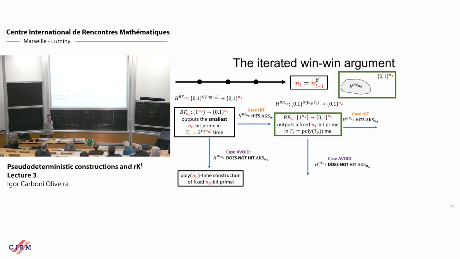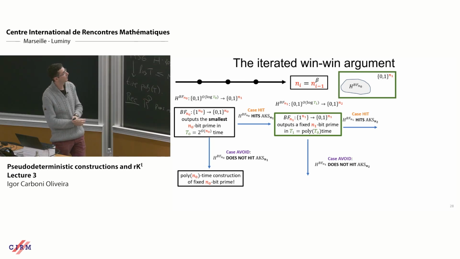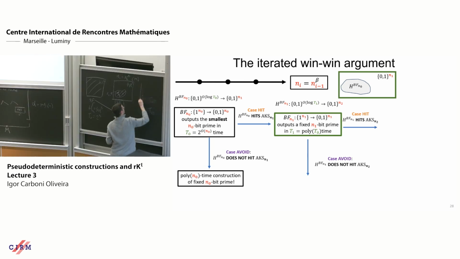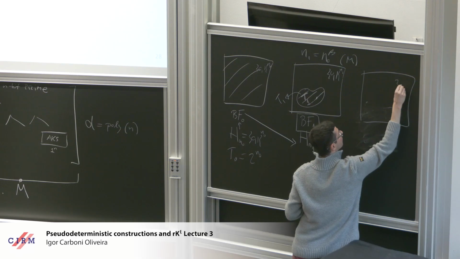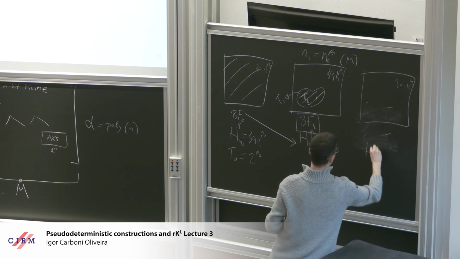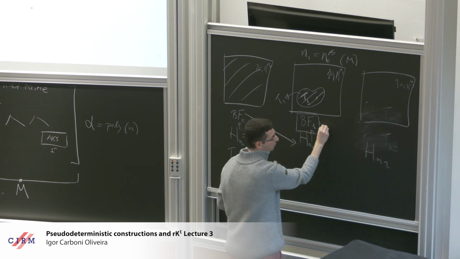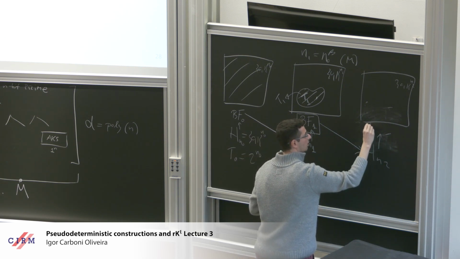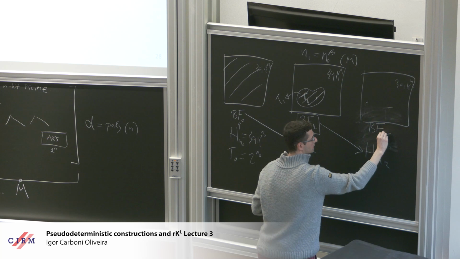Okay, and we consider again two cases. Whether the next generator, on input length N2, so we use this BF1 and generate HN2, and we also define a new brute force search procedure here.